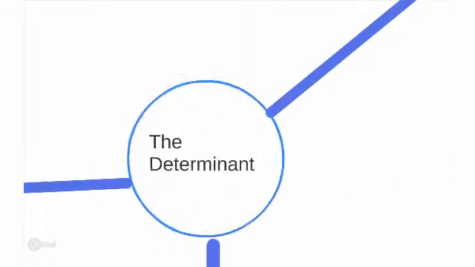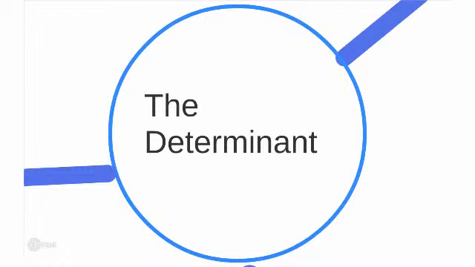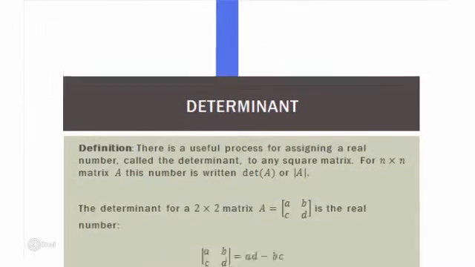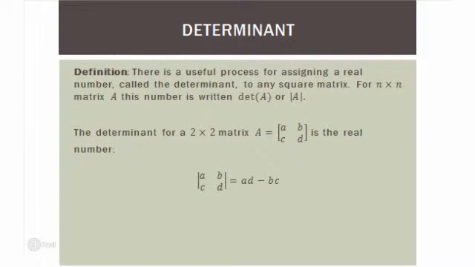So now moving on to the determinant. The determinant is a useful process for assigning a real number called the determinant to any square matrix. For n by n matrix A, this number is written det A, or it looks like the absolute value of A. Now, the determinant for a 2 by 2 matrix A can be defined as such.